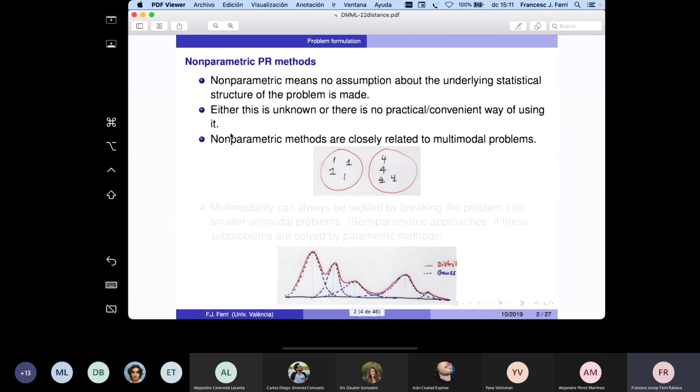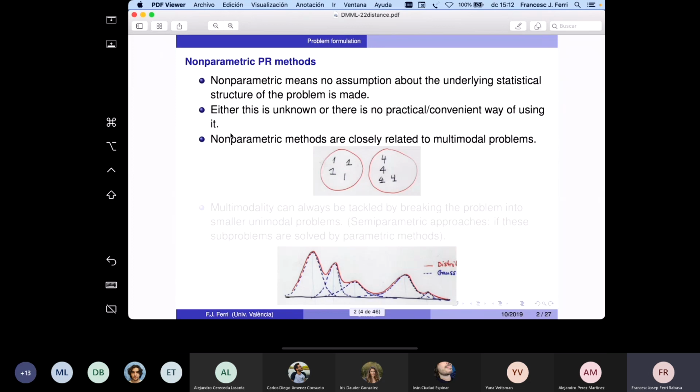For example, imagine in the slide the digits problem. If we are going to characterize written digits, for example, 1 on the left, 4 on the right, clearly we can write 1s and 4s in different ways. In most of the representation spaces we can think of, it's quite likely that both classes have different representatives, different modes, something like what we have in the bottom of the slide.